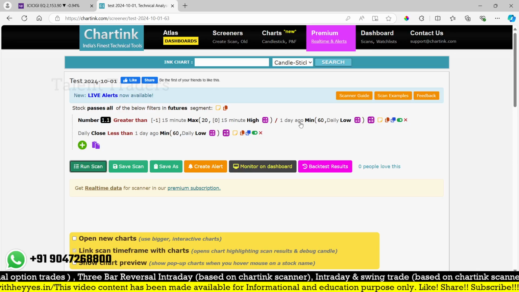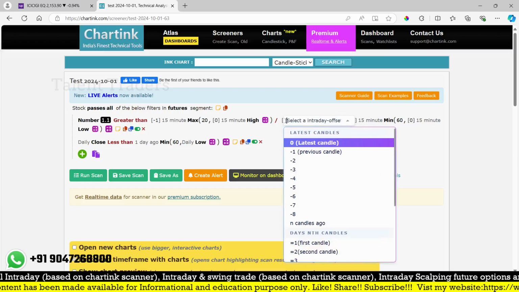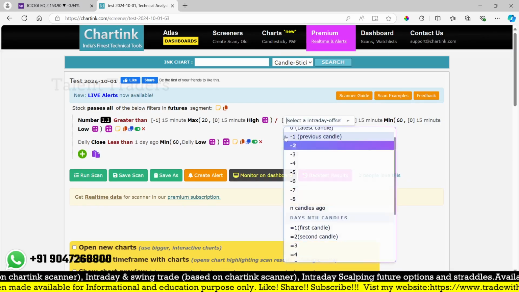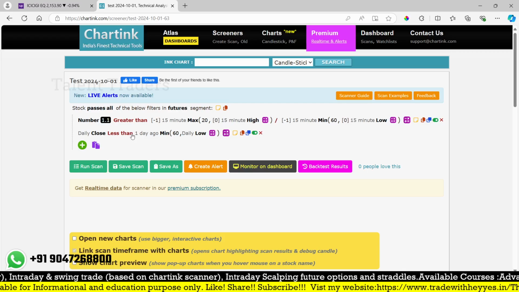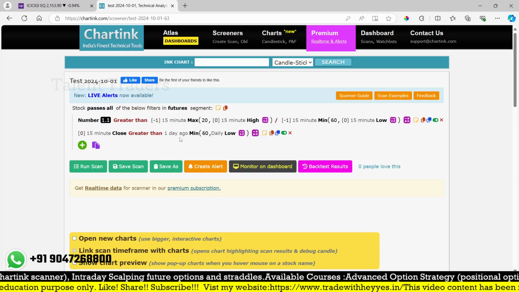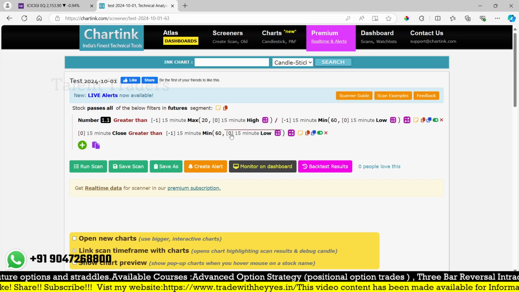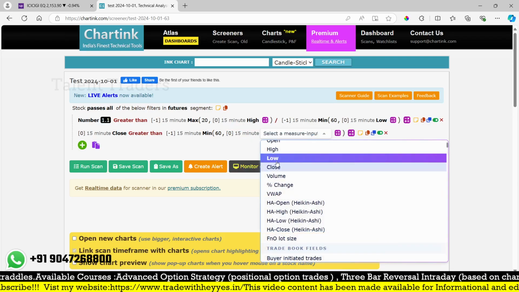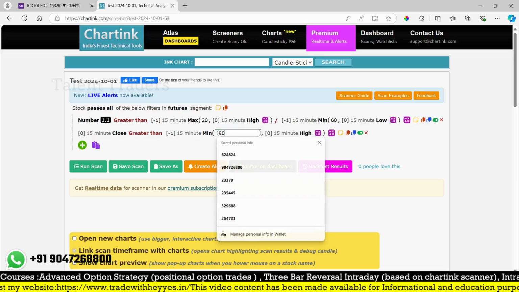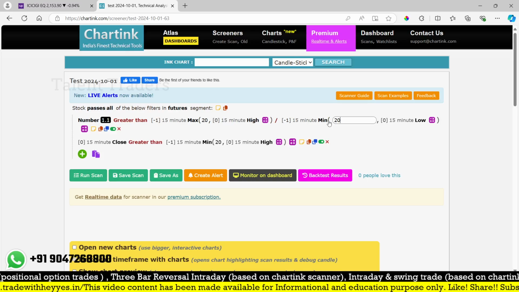Okay, I'll just make 15 minutes for a consolidation less than 2% or 3%. Well, I'm going for upside breakout stocks. 15 minutes close greater than the 15 minutes, minus 1, 15 minutes, 30 candles high. So here you need to change the date and those values, it should be right, or else it will not generate the exact data.